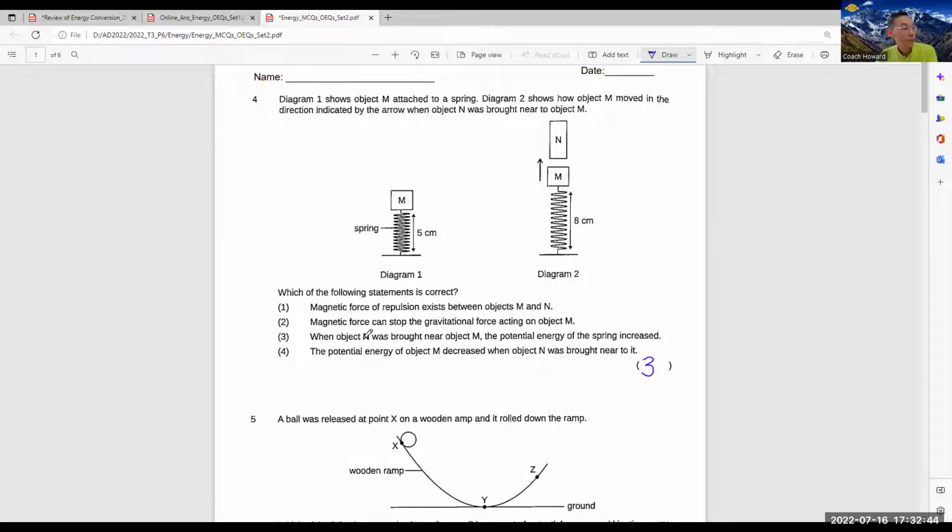When object N was brought near to M, the potential energy of the spring is increased. The rest of the answers are wrong. Magnetic force of repulsion exists between this? It's not repulsion, so this one is confirmed wrong.